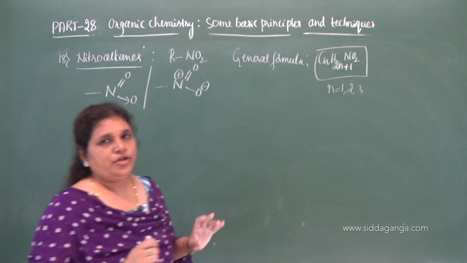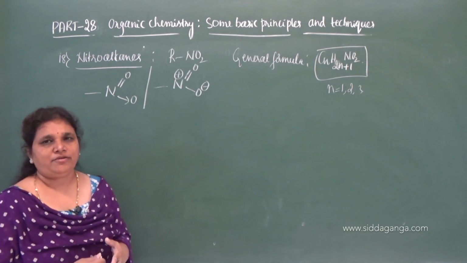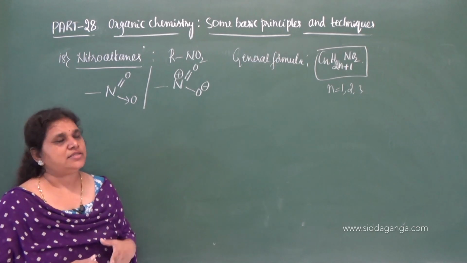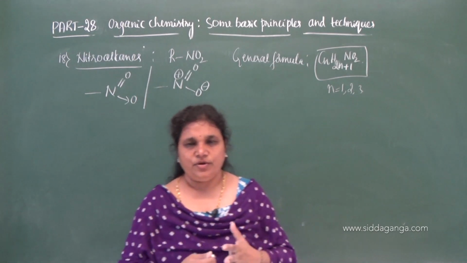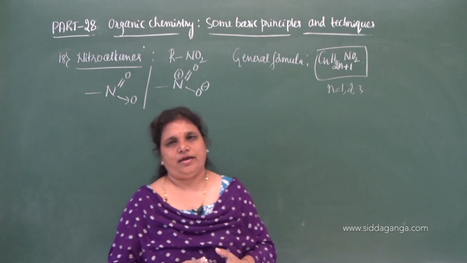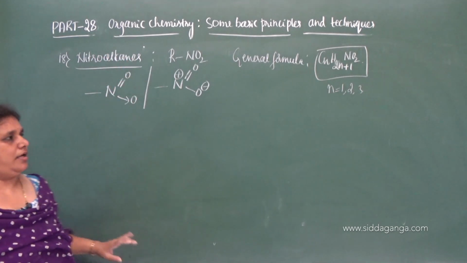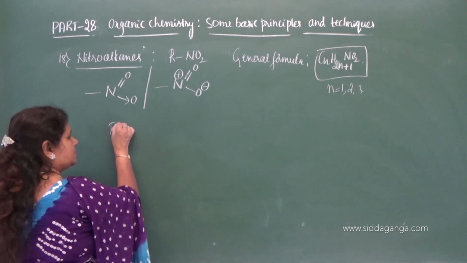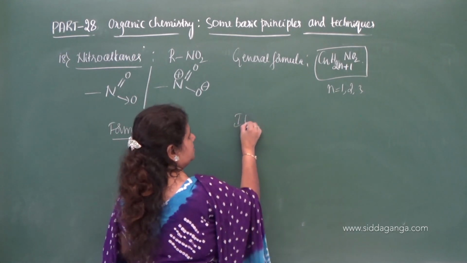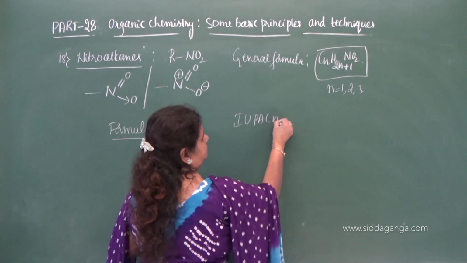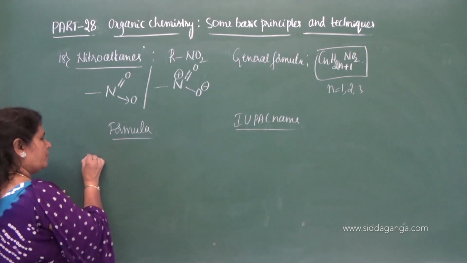And here you need to consider only the IUPAC name, no common name for these nitroalkanes. For the IUPAC name you have to add the prefix nitro to the name of the alkane, and hence the name itself indicates nitroalkanes. Let us move on to the examples, formula and only IUPAC name.